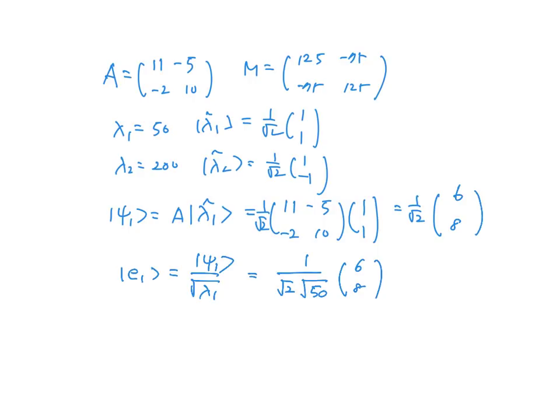So that is square root of 50 is 25 times 2. So 5 times square root of 2, square root of 2, 6 over 8, which is 10, 5 over 3, 4.